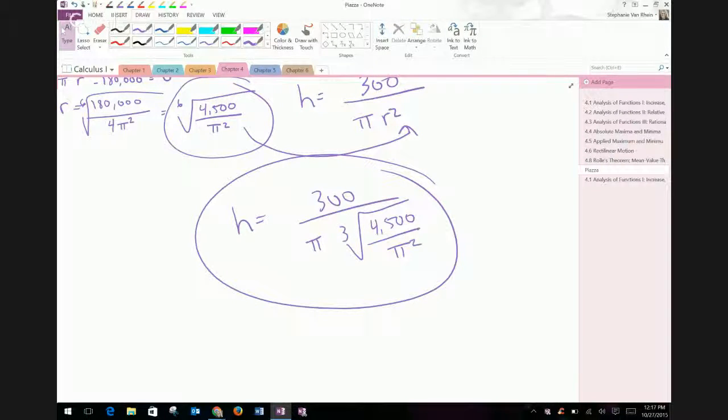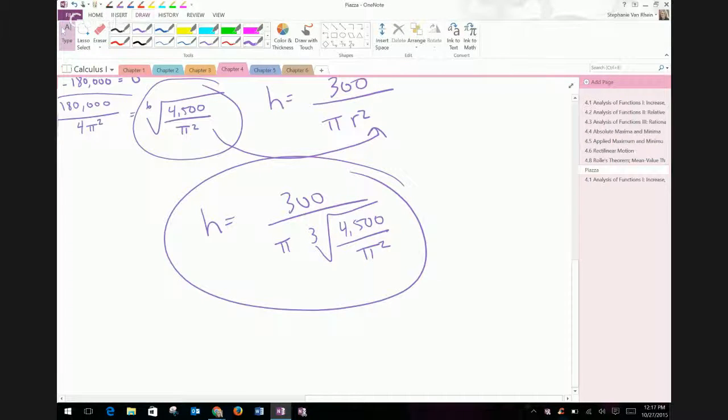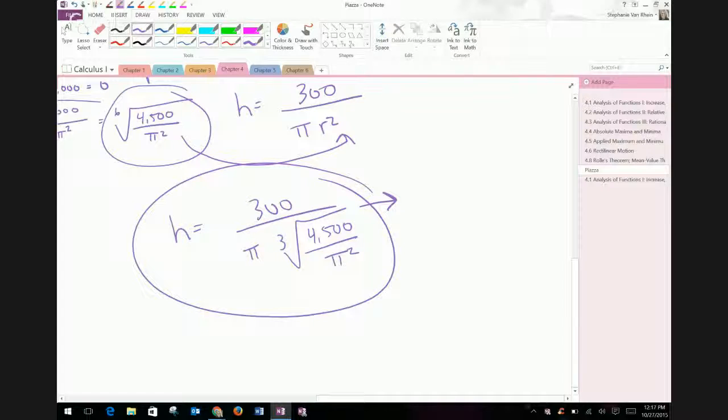If you had a problem like this on an exam, you'd be able to do an approximation. You can clean this up by algebra and end up with 2 times the cube root of 75 divided by pi.